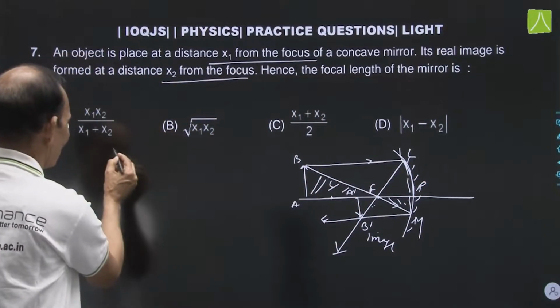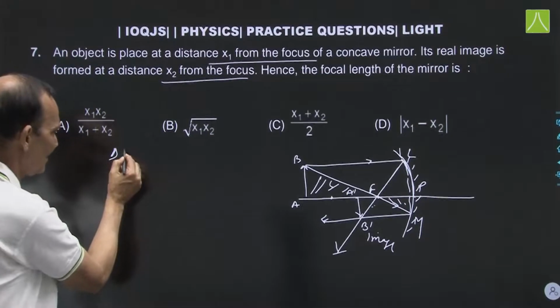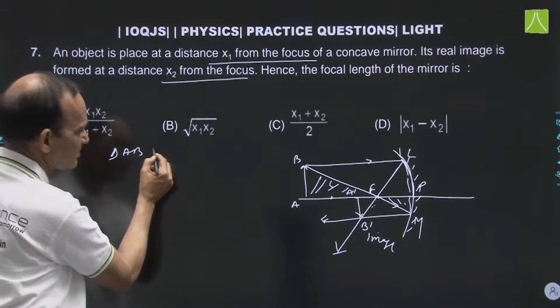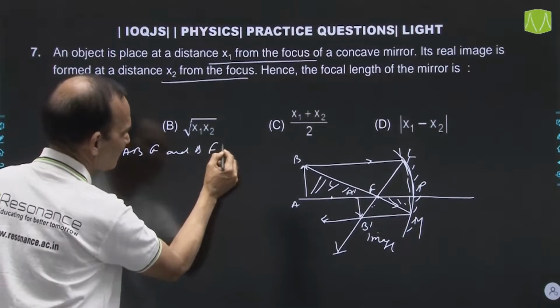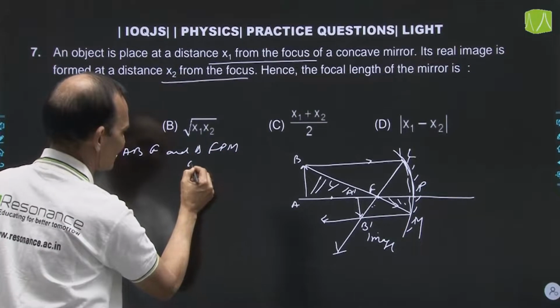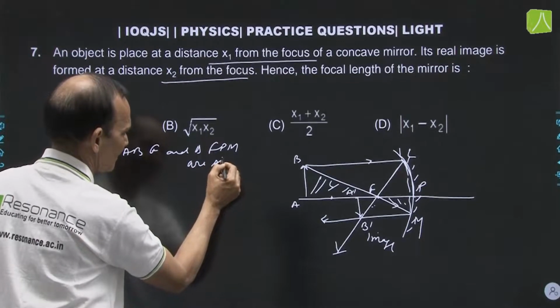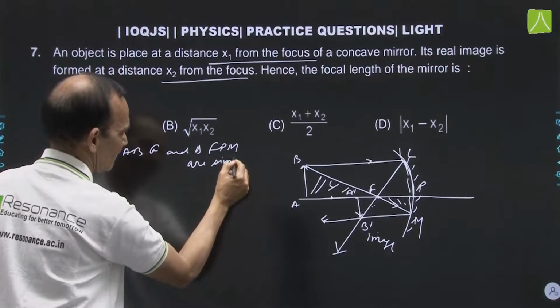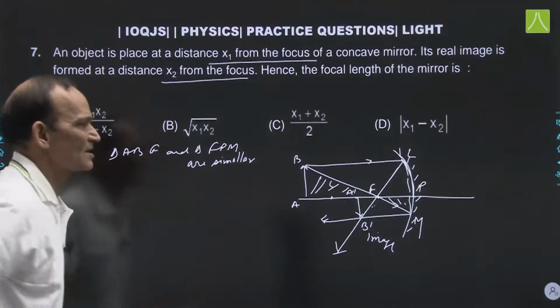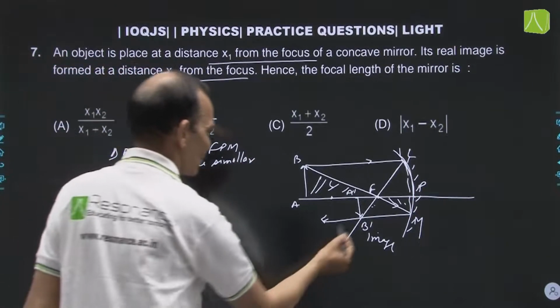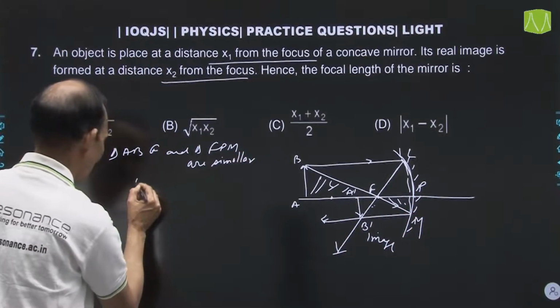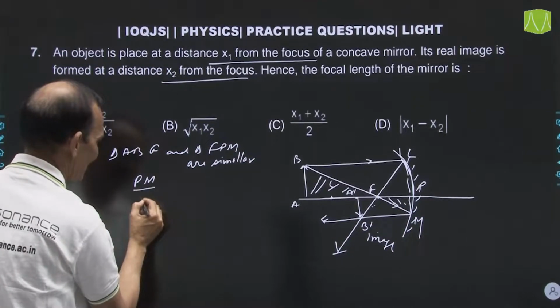Now think about triangle ABF and triangle FPM. They are similar. In similar triangles, the ratio of corresponding sides will be equal. Now think about PM divided by AB.